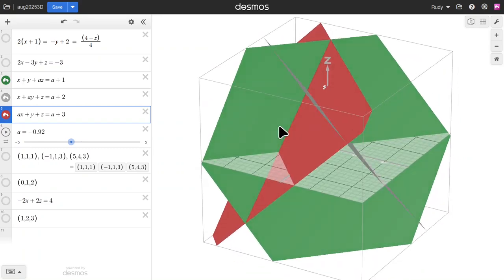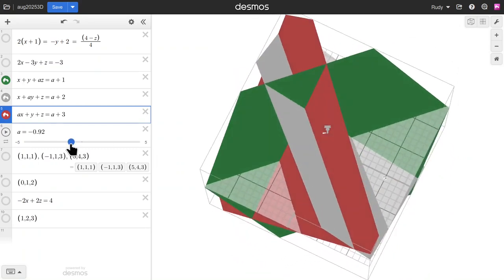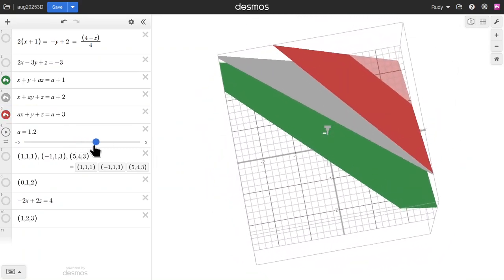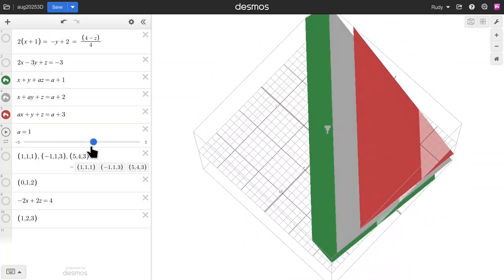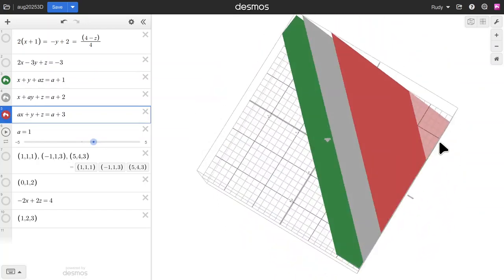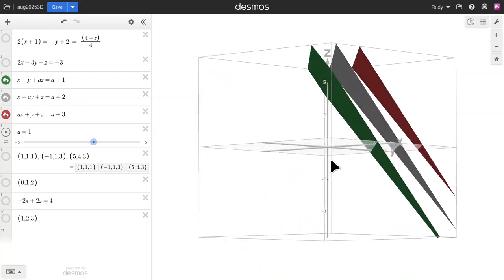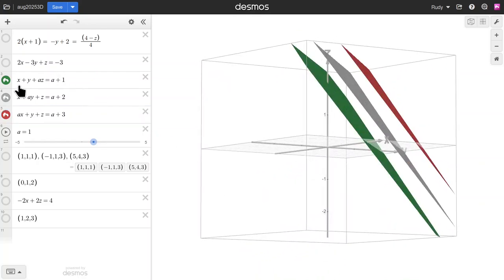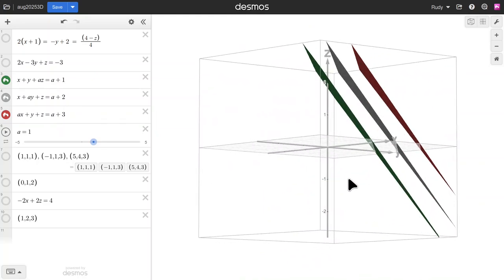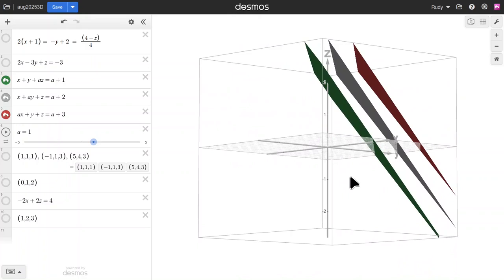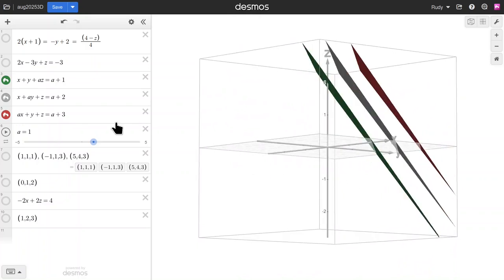So here you see this in Desmos, and if we change a to 1 and stop this, you can see these three planes, x plus y plus az is a plus 1, and the other two are perfectly parallel. So no points in common, so no solutions.